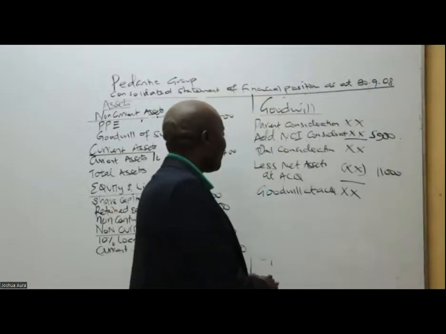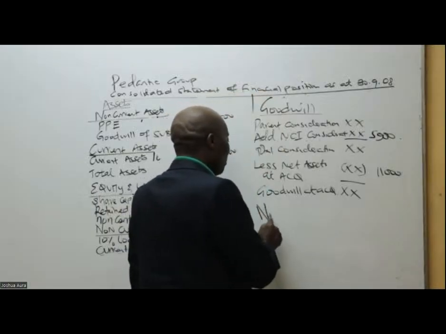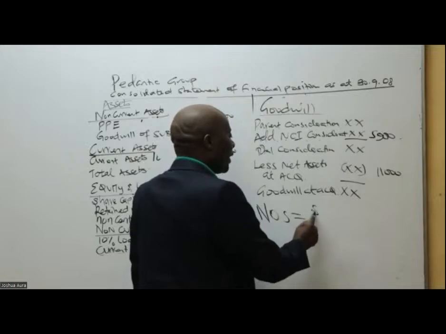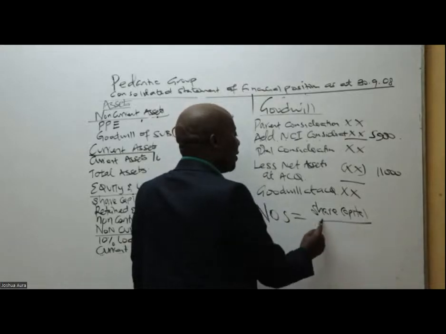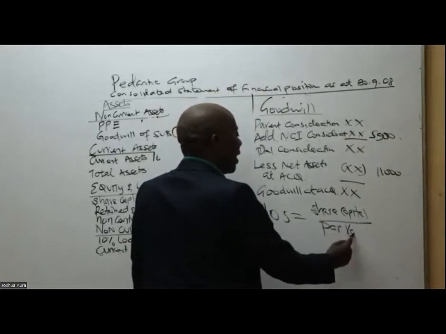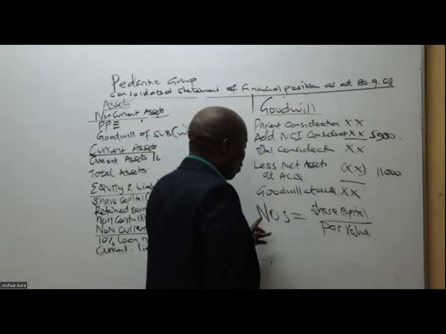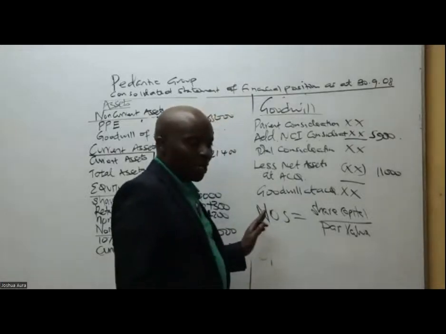To get what we popularly call the number of shares, we normally take the share capital divided by the par value. No stands for the number of ordinary shares.